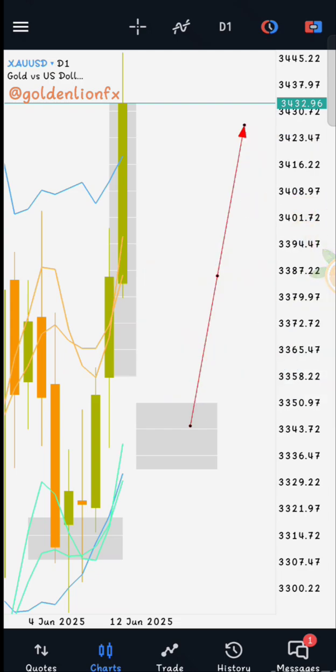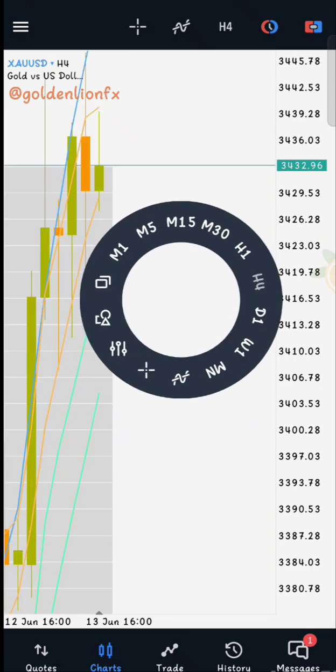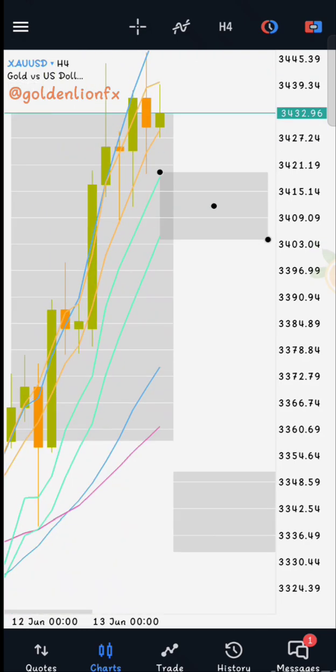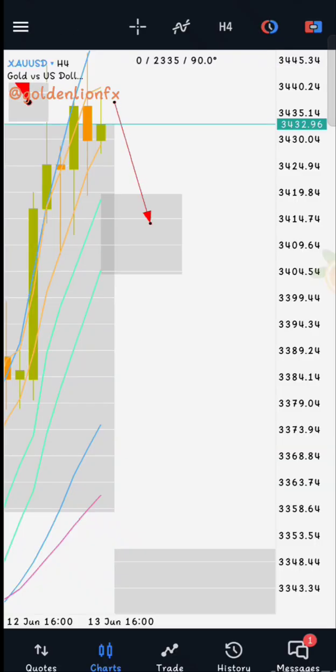But if you remember, for those who have been following me in the previous videos, I told you that price cannot come to this daily re-entry unless the H4 re-entry has failed. So that means now this re-entry must first fail for price to come to the daily re-entry. If it fails, then we can think of price coming for the daily re-entry.